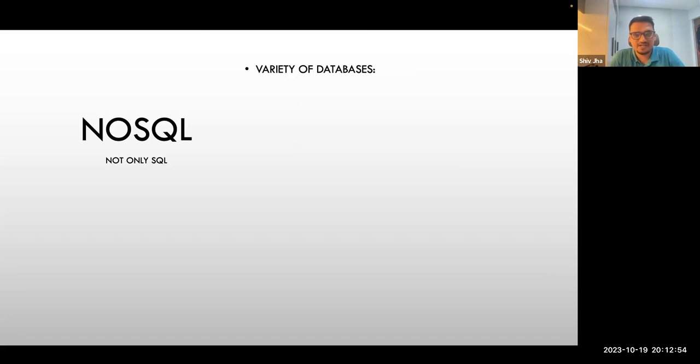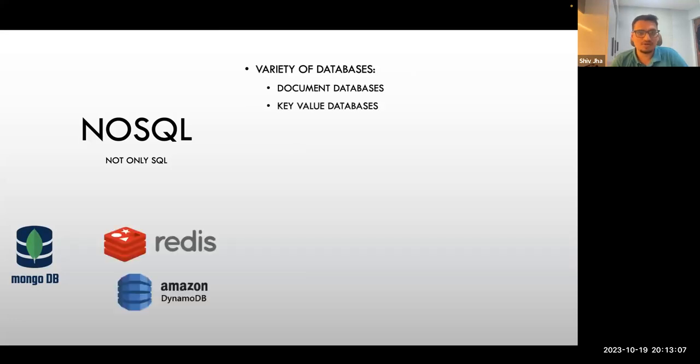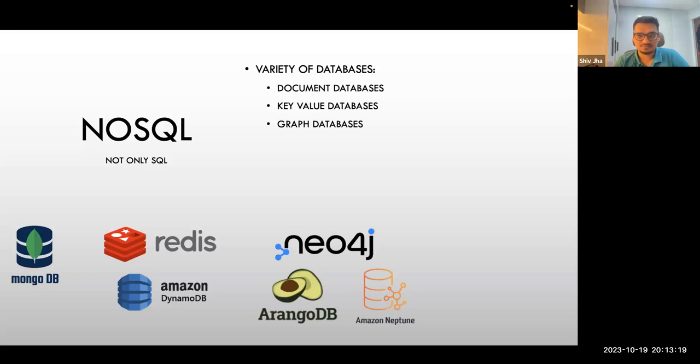lot of different varieties. Over the last decade or so, there's been a lot of research and development in this space. So you have document databases, MongoDB being the most popular one, in my opinion, key value databases, Redis for caching in memory. It also has some sort of persistence, but DynamoDB, if you want persistent key value stores, is something that stands out.